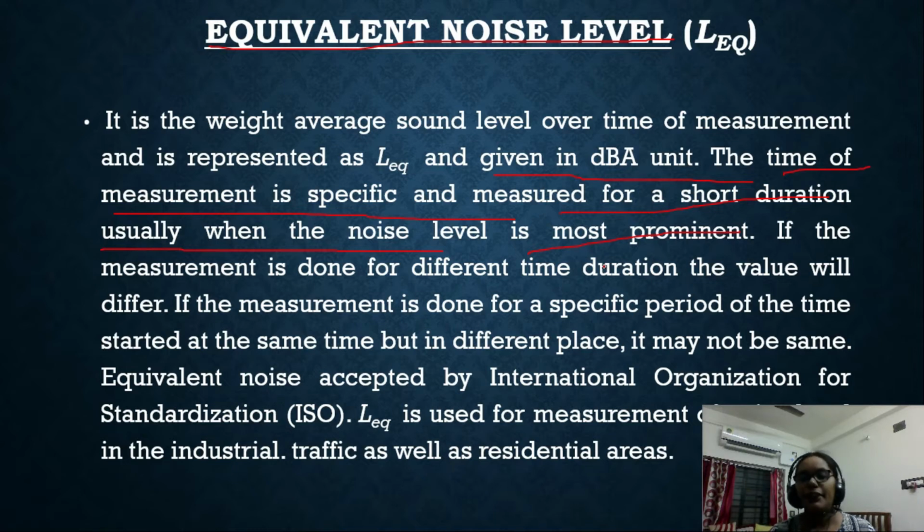For that duration, we take the weighted average of the sound levels. If the measurement is done for a different time duration, the value will be different. And if the measurement is done for a specific time period but in a different place, the value will also be different. So equivalent noise level is time specific and zone specific.